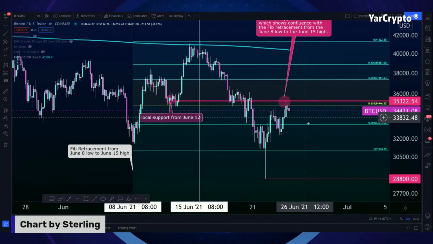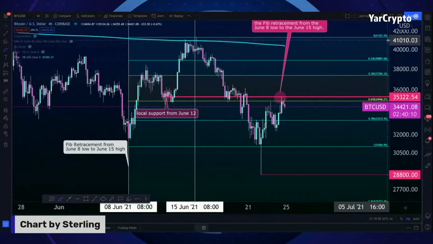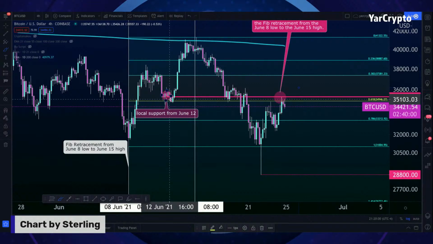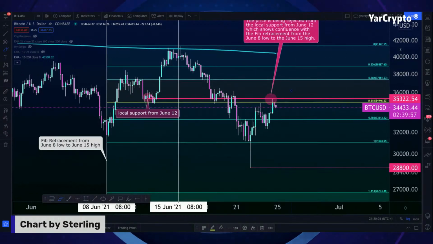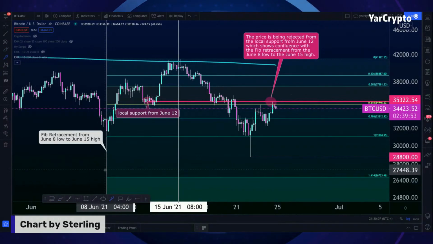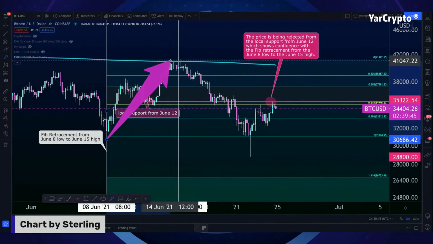So this last 4-hour candle from June 24th, or today, is getting rejected from this red line. And this red line is actually a local support level from June 12th. The thing to keep in mind is I made this Fibonacci retracement from this low right here on June 8th to this high on June 12th.